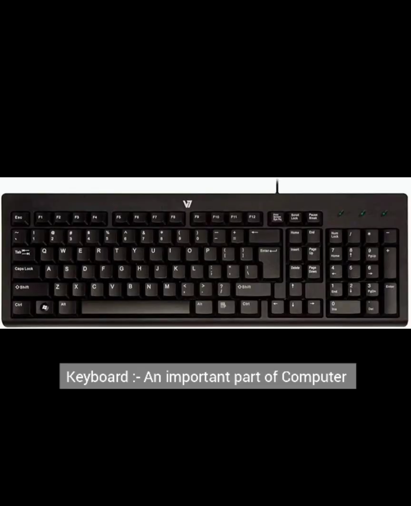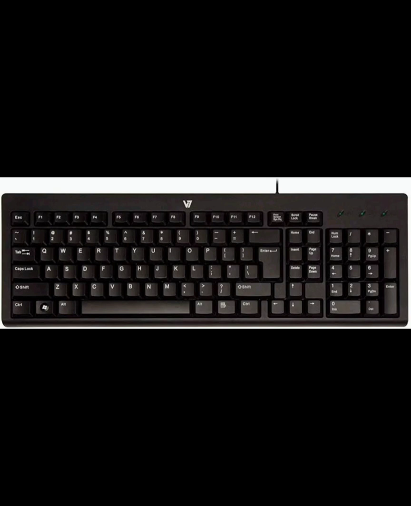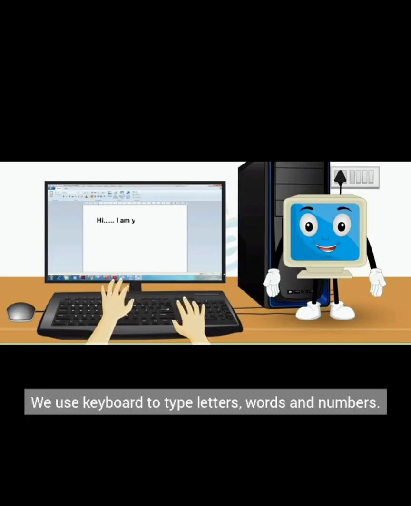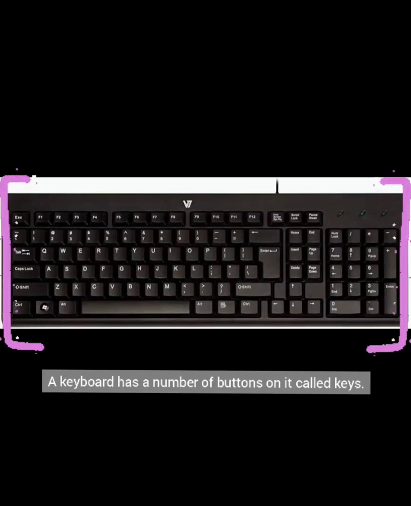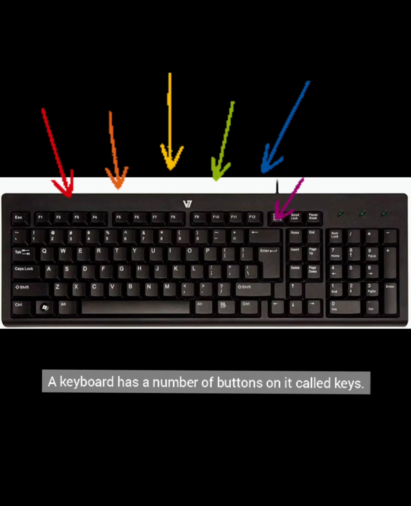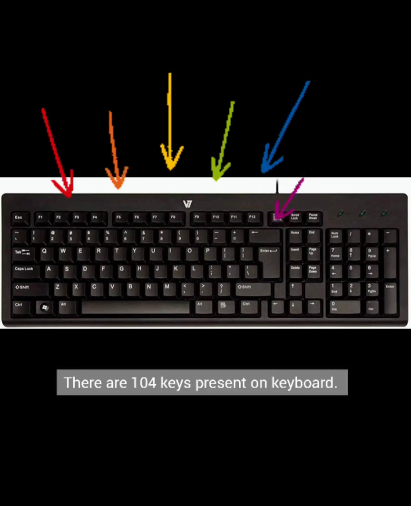So, keyboard is an important part of computer and it is used to type letters, words and numbers. There are number of buttons on keyboard and that number of buttons are known as keys. There are 104 keys present on keyboard.